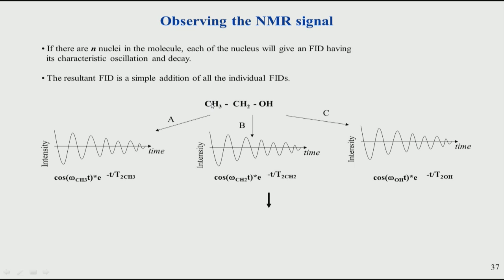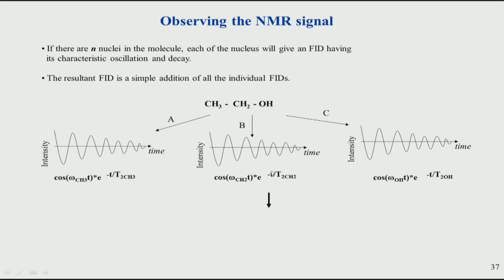The T2 relaxation of this hydrogen need not be the same as the T2 of this, which need not be the same as the T2 of this. So, generally we can assume a different T2 for each of these. Now, for OH similarly you have a frequency of OH oscillation multiplied with the time domain decay of the OH signal, which is captured here as a T2 of OH.